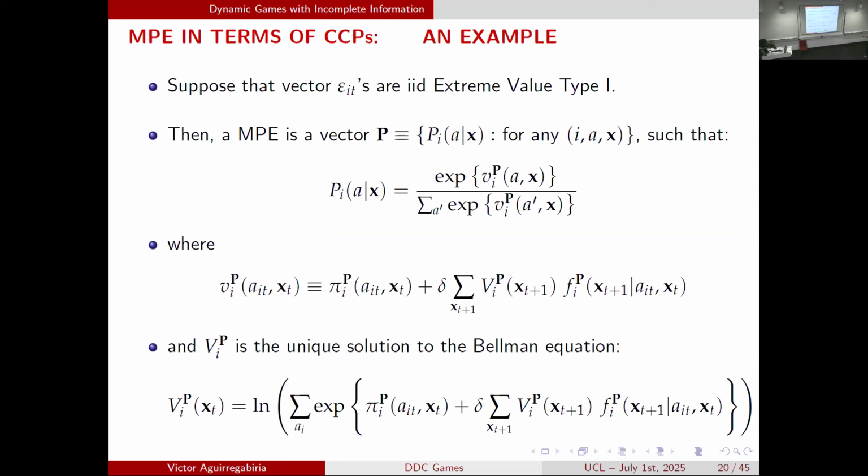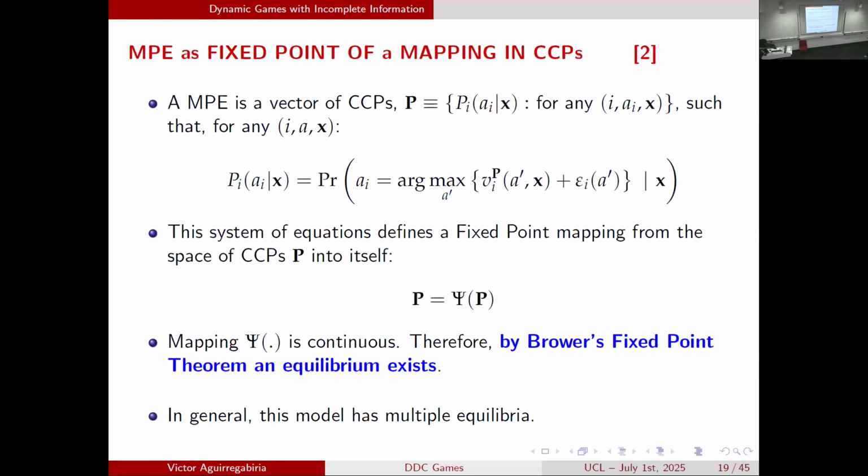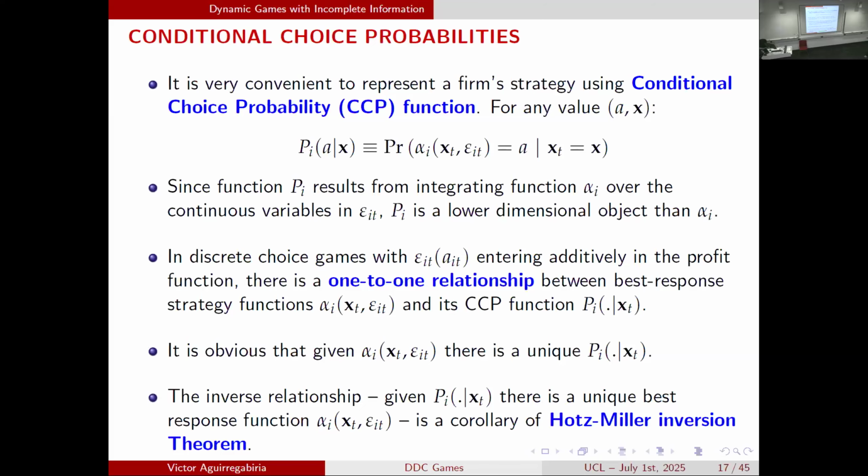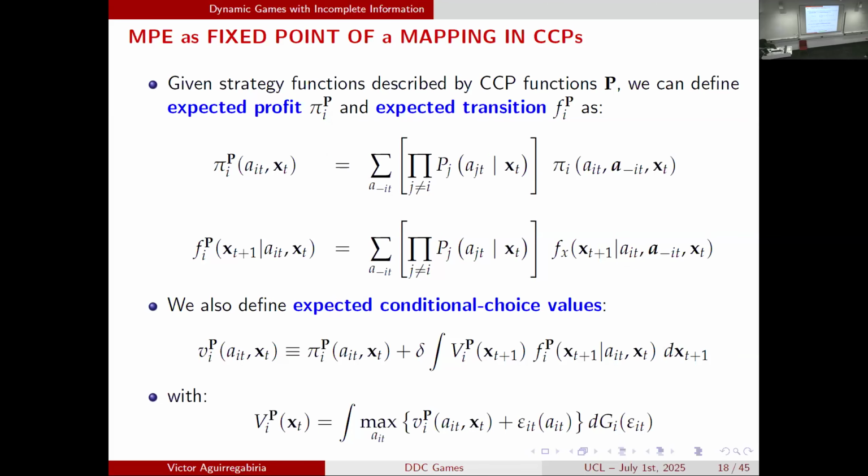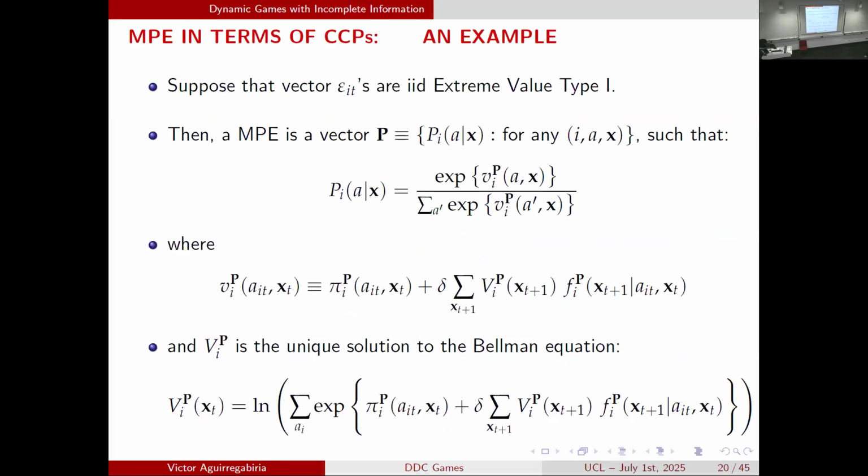A particular example, suppose that these epsilons, private information epsilons, are extreme value type 1 distributed, then the best response function of a player is these logit probabilities.